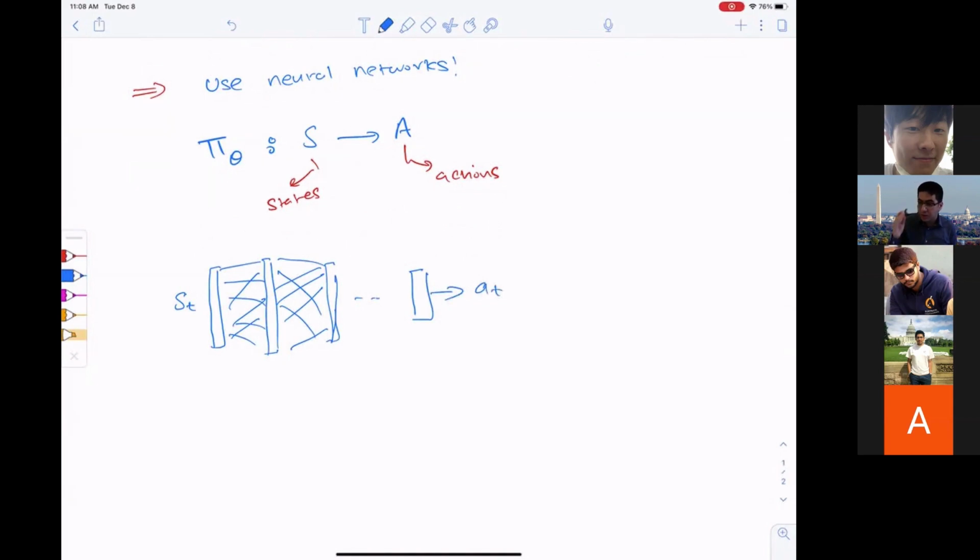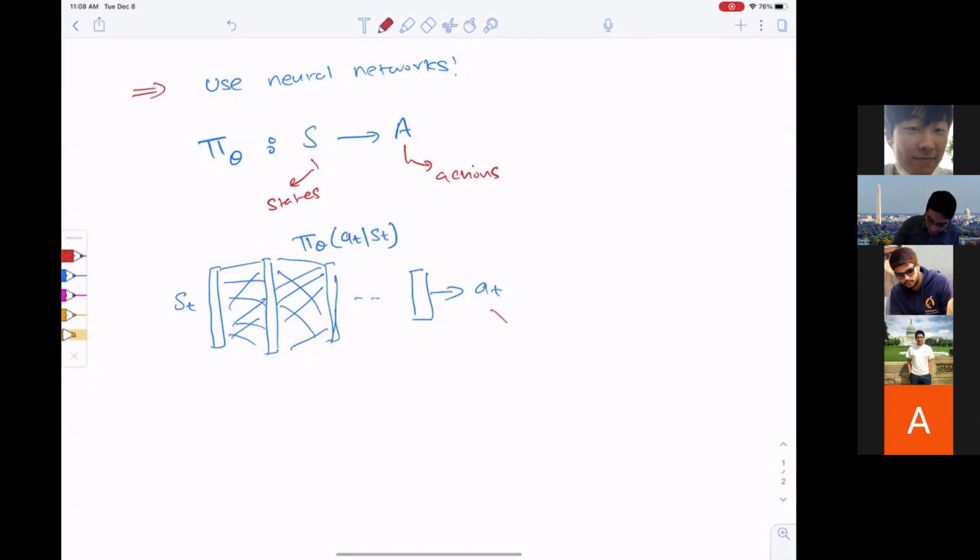And here the action can be a discrete action, or it can actually be a continuous action. So I'll talk about some examples of it later on today. So that's going to be your policy function, pi theta. It gives me an action a_t given the input s_t where I'm at particular state.